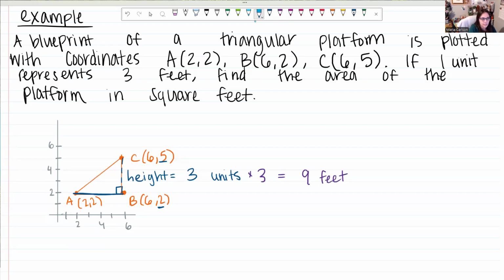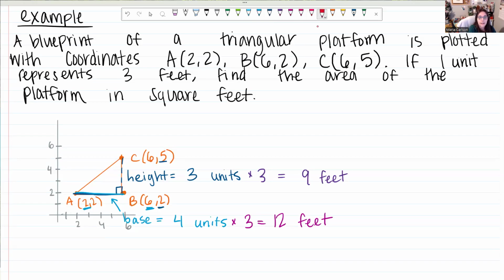And looking now at the base of this, the base is between 2 and 6 because it's horizontal. I need to compare the X values. So that is 4 units. So the base is 4 units. So now, considering that that needs to be converted into feet, this is 4 times 3, or 12 feet, because 1 unit is 3 feet.